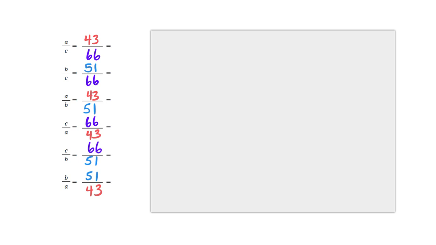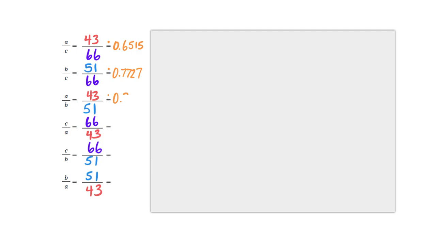Okay, so if I take my 43 and divide it by 66, I am going to get a value of approximately 0.6515 if I round to 4 decimal places. There we go. That is my approximate value. And now I'm going to do the same thing as I go. So 51 divided by 66 gets me approximately 0.7727. Then if I take my 43 divided by my 51, I'm going to get 0.8431.